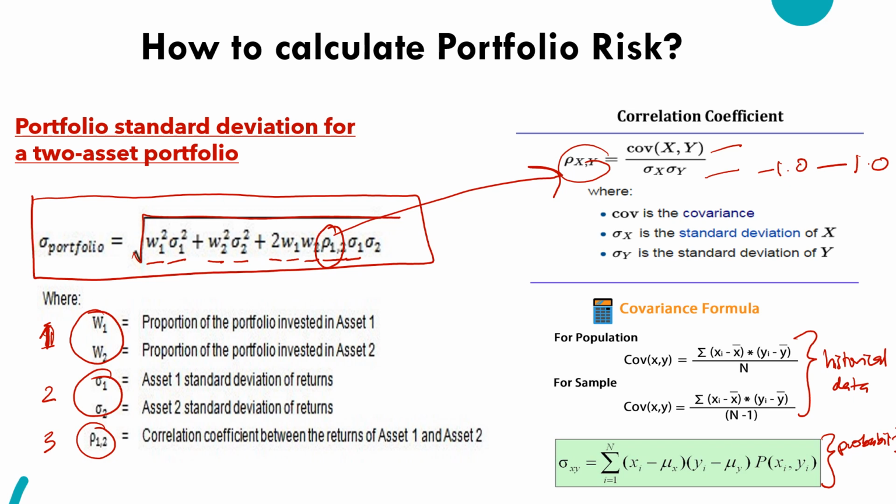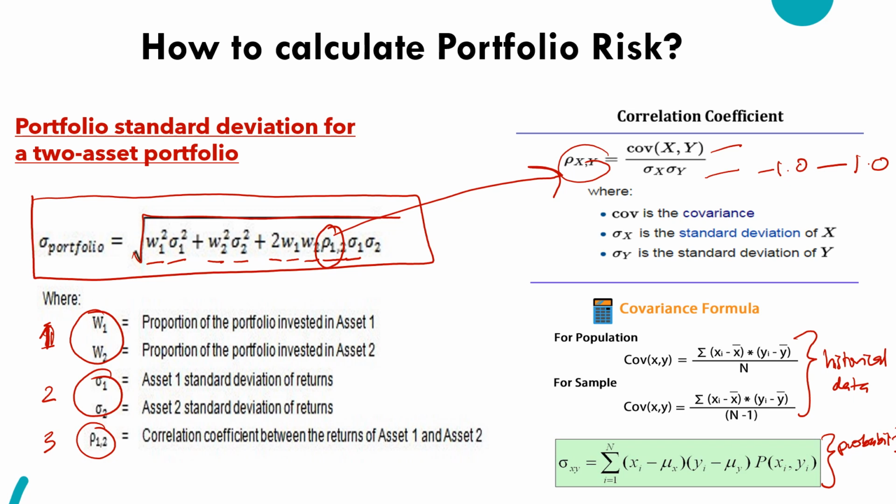So a -1 correlation indicates perfect negative correlation, where the returns of the two assets move perfectly in opposite directions, meaning if the return of asset 1 goes up, the return of asset 2 will definitely go down. While a correlation coefficient of 1, which is perfect positive correlation, means that the returns of the two assets move exactly together, either up or down.